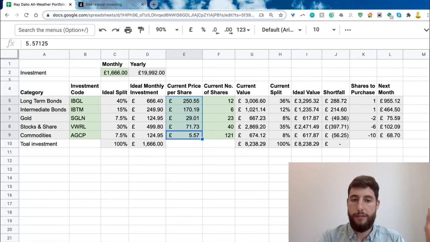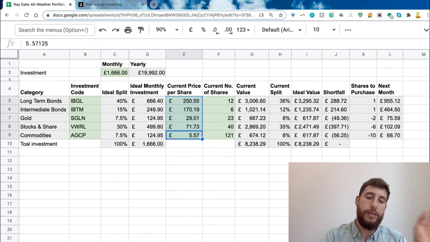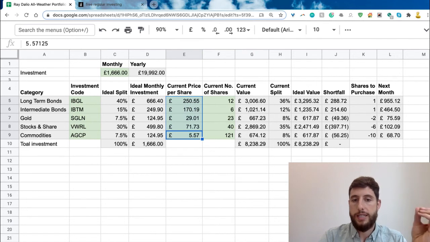The thing with the Ray Dalio or All Weather portfolio is that the things you're investing in tend to be quite unique, especially when you're not based in the US. I'm in the UK. It can be particularly niche, and so you're having to buy quite different shares.